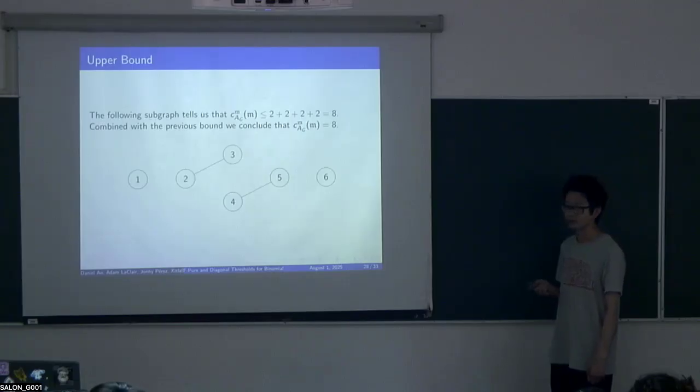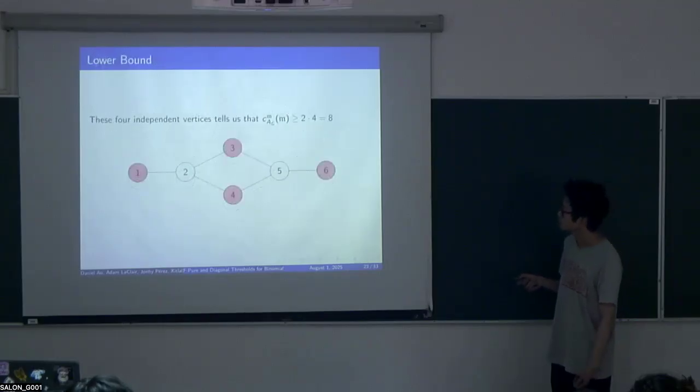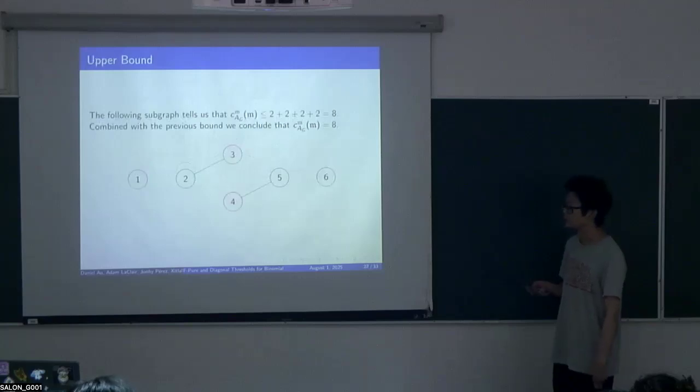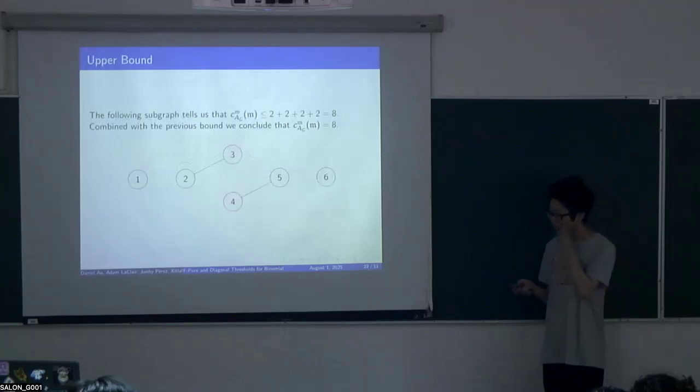And by the connected components proposition from a few slides ago, we know that the diagonal threshold for this subgraph is equal to 2 plus 2 plus 2 plus 2, which is 8. So this gives us an upper bound of 8 for the graph G. And so combined with the lower bound here, we get that the diagonal threshold is exactly 8.